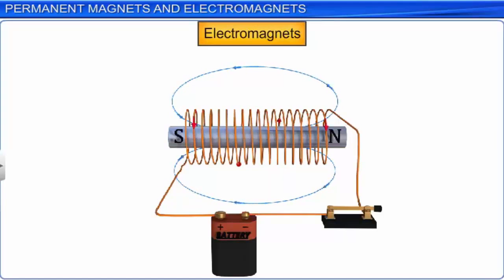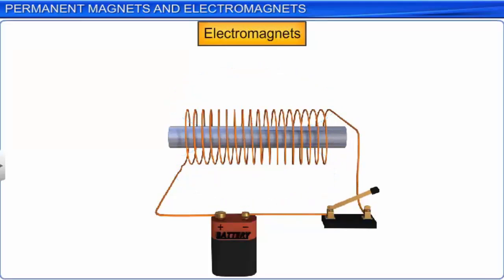When the current through the solenoid is switched off, the magnetism due to the solenoid is also switched off because of low retentivity of soft iron. Thus, the electromagnets are referred to as temporary magnets.